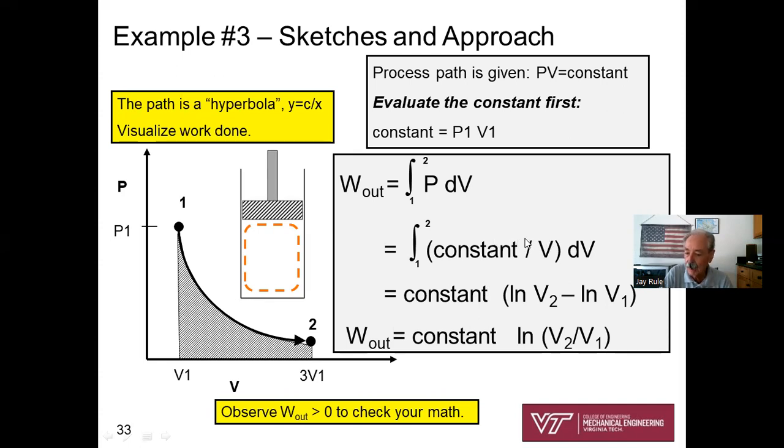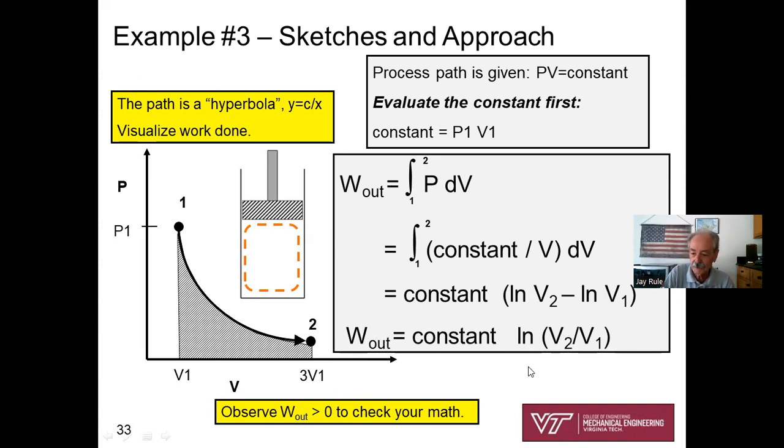That's the natural log of V, evaluated from 1 to 2: the log of V2 minus the log of V1. Work is the constant times that. It's just algebra. The log of V2 minus the log of V1 is the natural log of V2 over V1. And V2 is 3V1, so it's the natural log of 3.